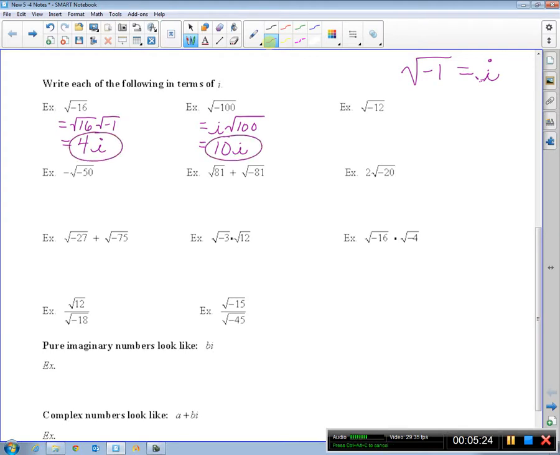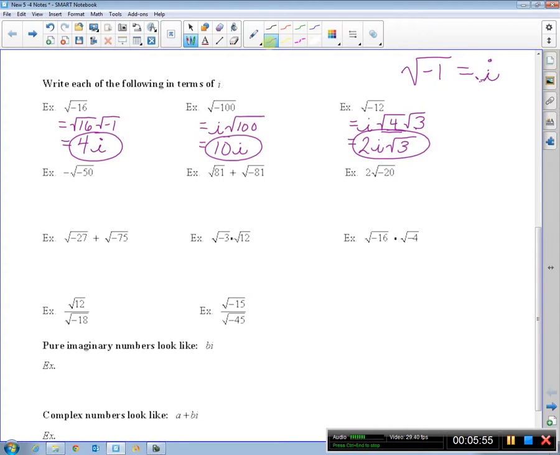Pause if you'd like. Try a couple on your own. I'm going to keep doing them in order so you can check back. Negative under a radical, bring that i out. And I know I have radical 12, which I will show a little work for, separated is a radical 4 times a radical 3. So here I've got 2, I've got an i, and a square root of 3 stays in my problem.